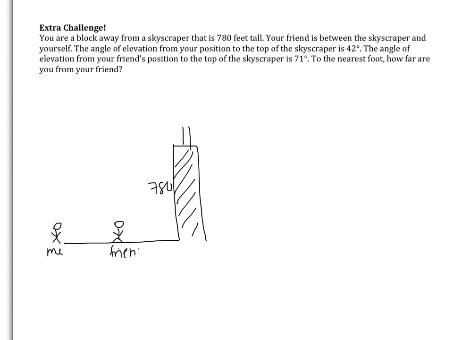I don't know, label it with your best friend's name. The angle of elevation from your position to the top of the skyscraper is 42 degrees. The angle of elevation from your friend's position to the top of the skyscraper is 71 degrees. To the nearest foot, how far are you from your friend?